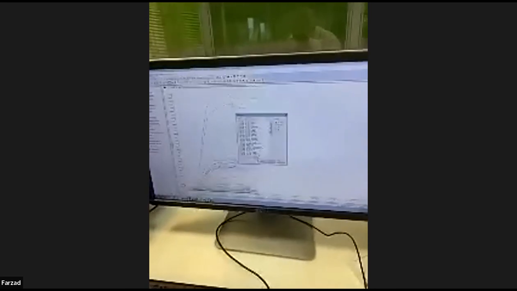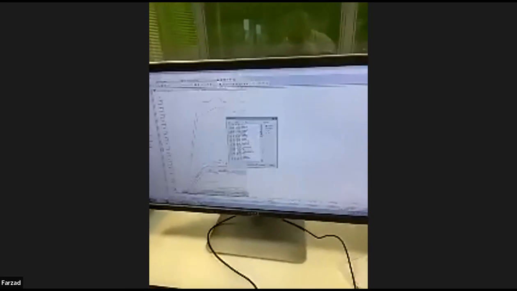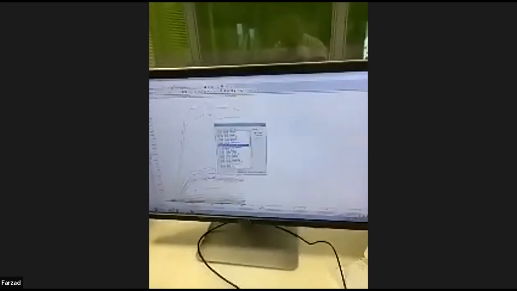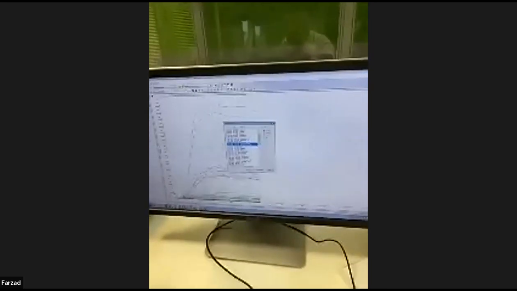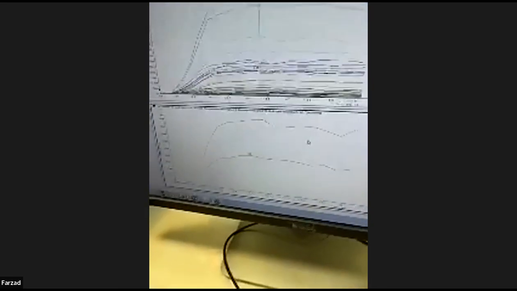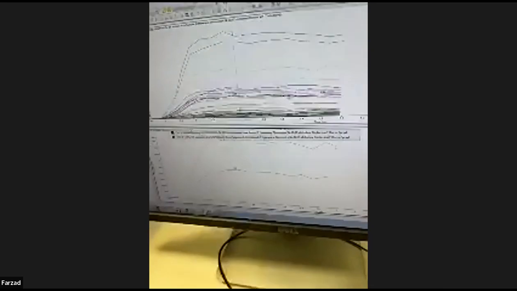Marjan is going to extract phenylalanine and the labeled phenylalanine, and you will see the two graphs here. The red one is the labeled phenylalanine, and the blue graph is the natural phenylalanine.